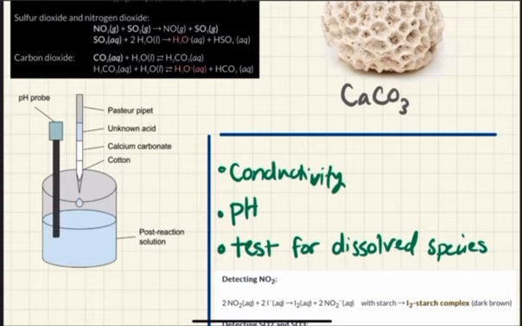It could be a mixture of different acids present, but we'll use the stoichiometry of this reaction between H3O+ and calcium carbonate to help us determine what the concentration of H3O+ must have been in the original acid by detecting the point at which all the calcium carbonate has reacted.